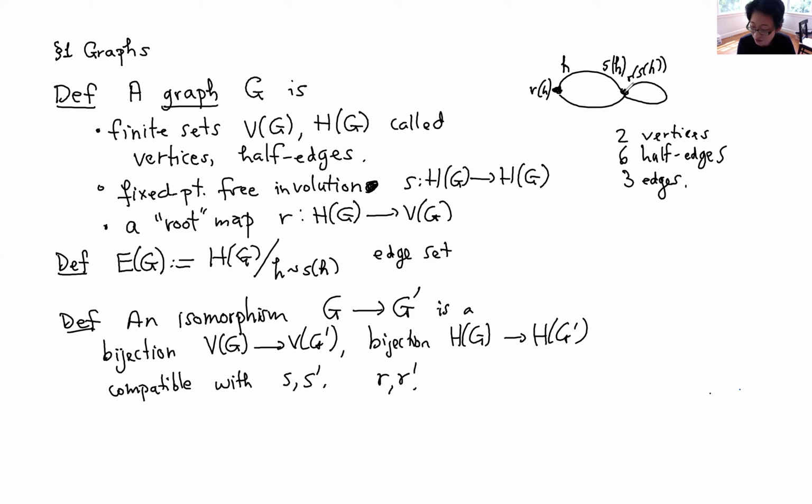This vertex has 4 half edges at it. But it's true that loops contribute twice to the degree at the vertex at which the loop is based, which is maybe what you are asking. Does that resolve your query? Okay, awesome. Great, anything else?